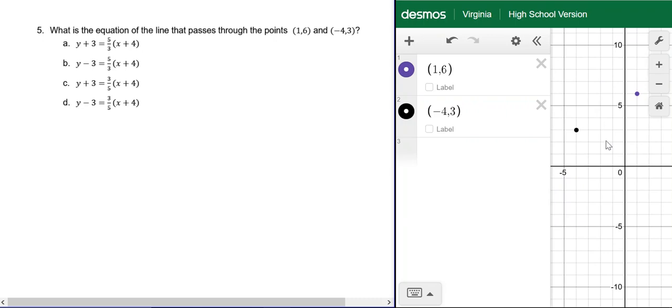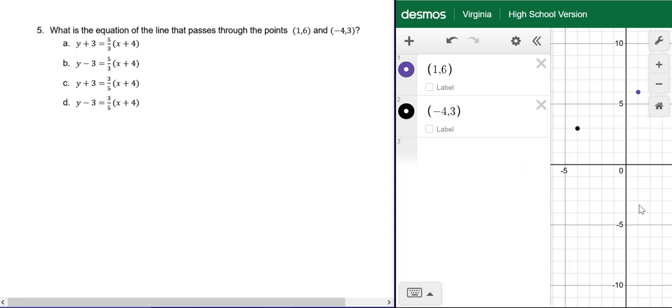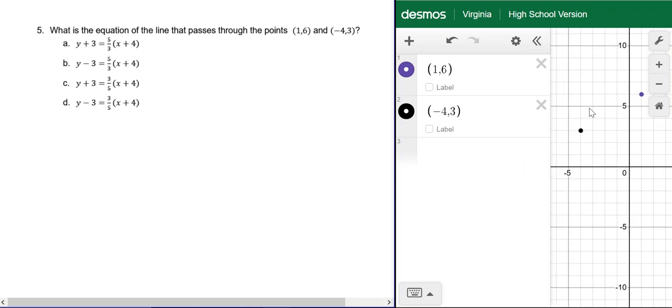I like to have my Desmos screen zoomed into where I see the 5s, because then I'm able to count the boxes to get an accurate count for the slope, or for the y-intercept for that matter. We want to see which one of these equations goes through this line.